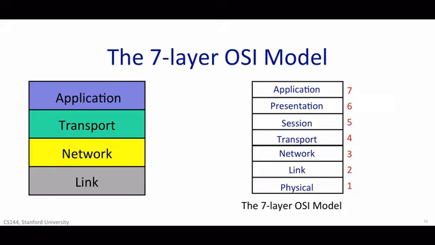The 7-layer model defines layers that were combined in the 4-layer Internet model later. For example, what we call the link layer today was separated into the link layer that defined the framing format and the physical layer that defined things like the voltage levels on the cable or the physical dimensions of a connector. The network layer is pretty much the same in both models.